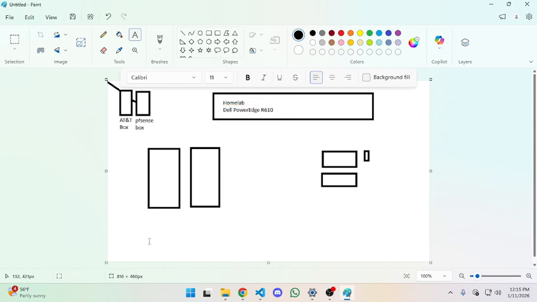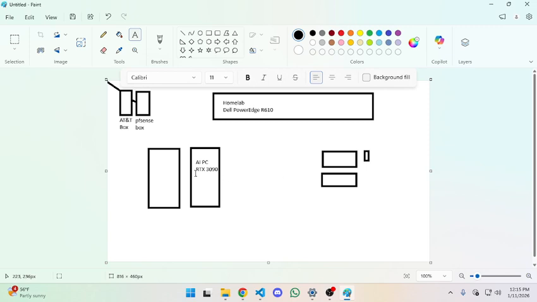Okay, and then I have my gaming PC, we'll call it AI PC. It has the RTX 3090.